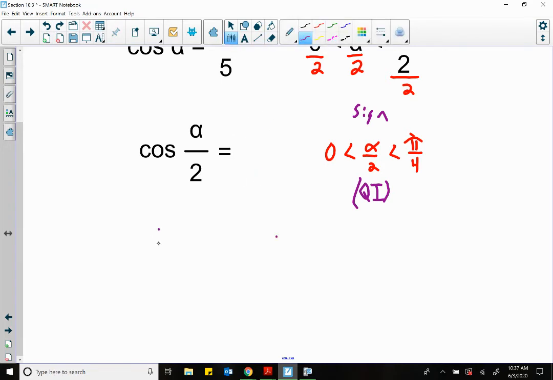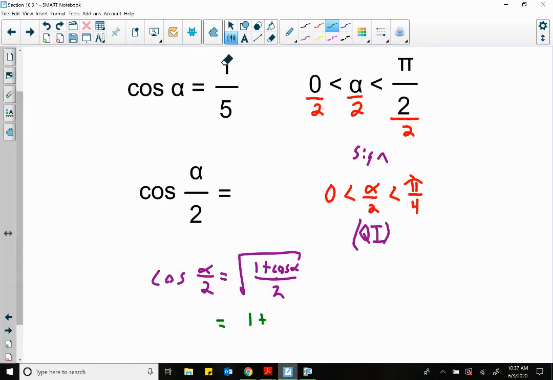So we know that cosine alpha over 2 is equal to the square root of 1 plus cosine alpha all over 2. So we plug in 1 plus cosine alpha, they told us it's 1/5.